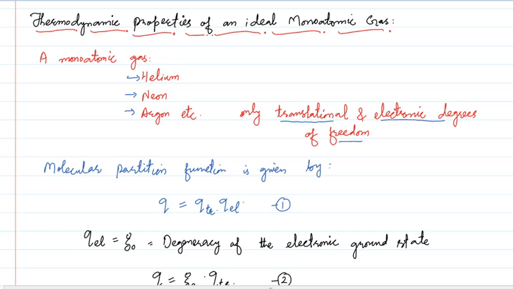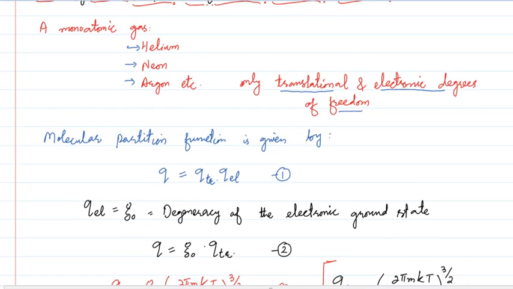In the last lecture, we discussed some of the thermodynamic properties of an ideal gas, like internal energy, entropy, specific heat capacity at constant volume.